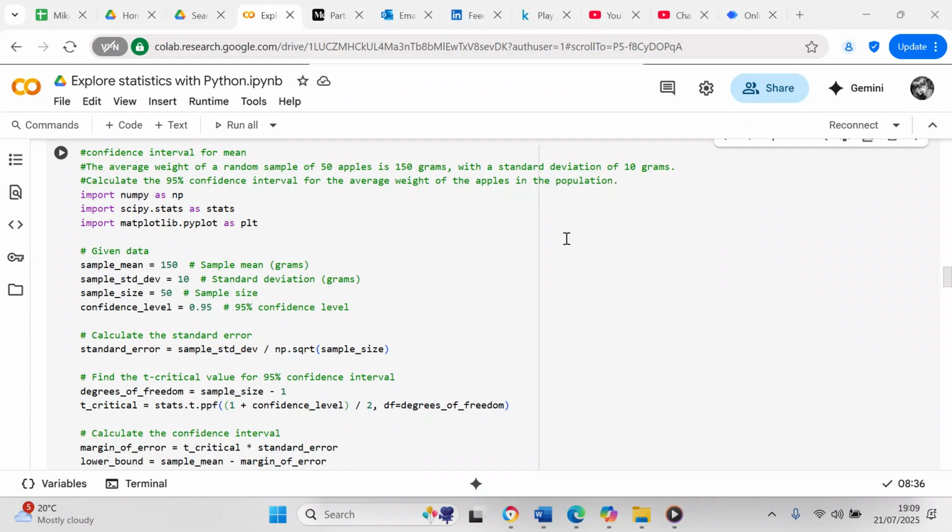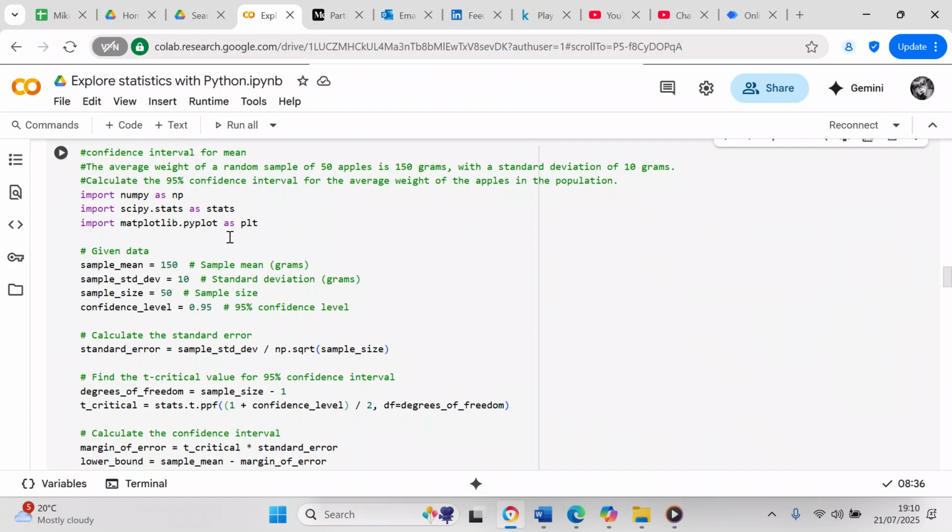So the first library that we're going to import is NumPy as np, which is the numeric library. The second library that we're going to import is scipy.stats as stats. So stats is the statistics module in SciPy, and SciPy is a scientific library. And the third library that we're going to import is matplotlib.pyplot as plt, which is the visualization library.